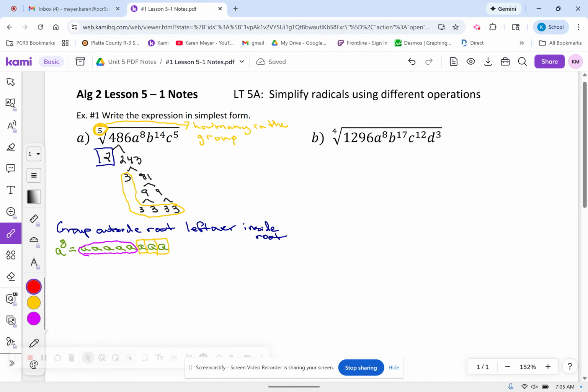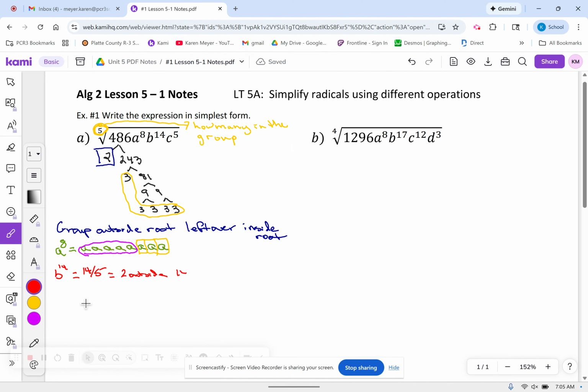Then if I have b to the 14th, I would think, how many times does 5 go into 14? It goes in there 2 times, which takes up 10, so I would have 2 b's on the outside.